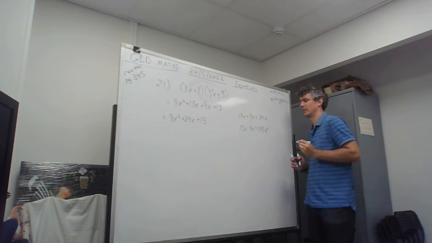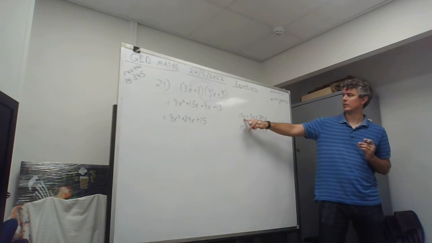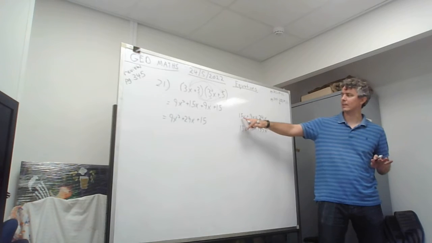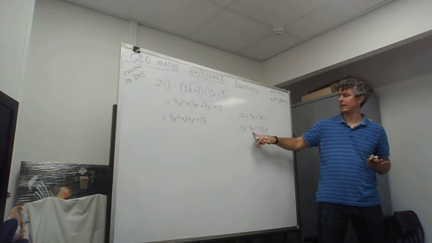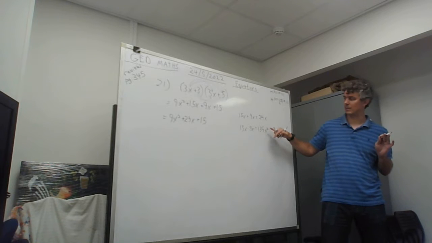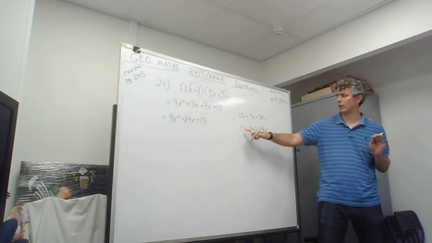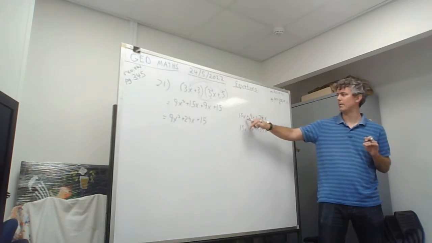So if you're adding them, the variable stays the same. You're only adding the coefficients. When you multiply, you multiply the coefficients and the powers get added. Here, the coefficients get added and the powers stay the same.